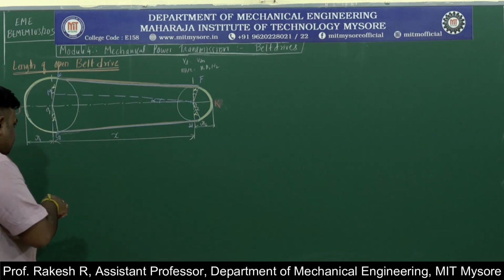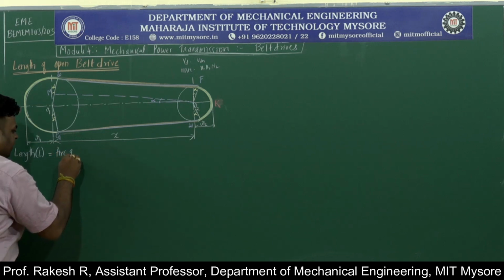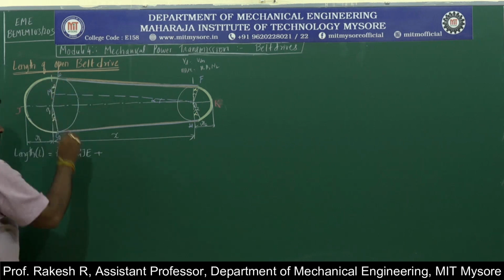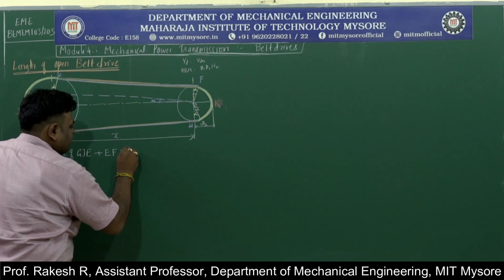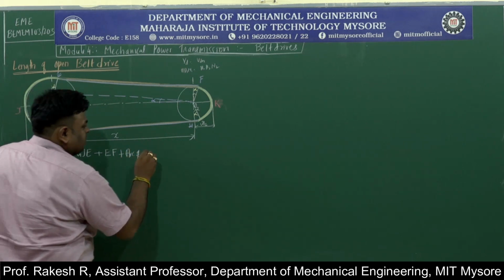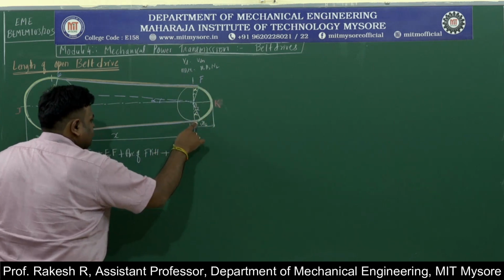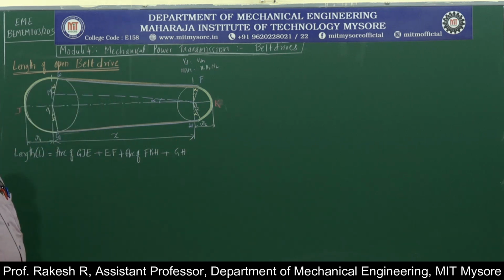So the total length, which I will denote by L, is nothing but the arc of GJE plus EF, plus the arc of FKH, plus HG. This is the total length of the open belt drive.